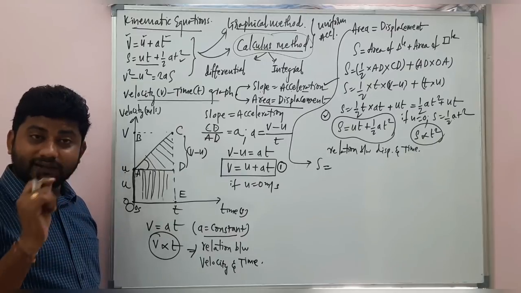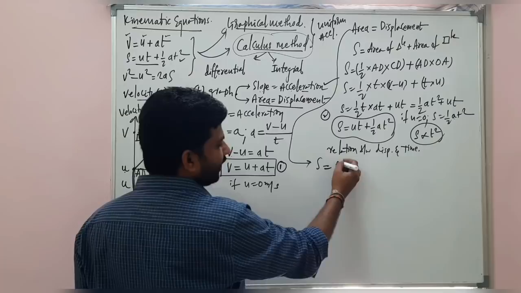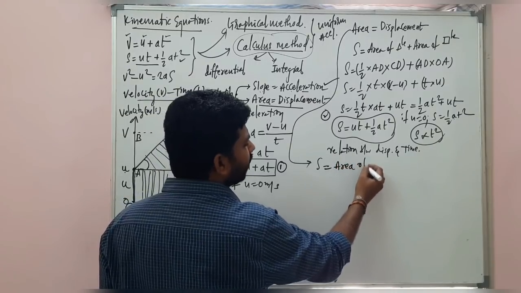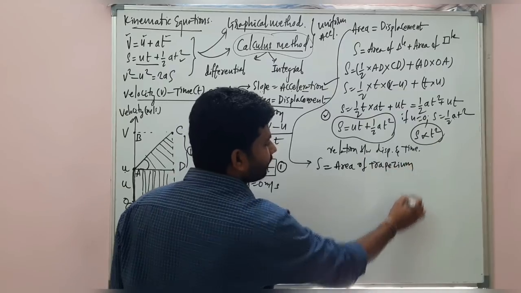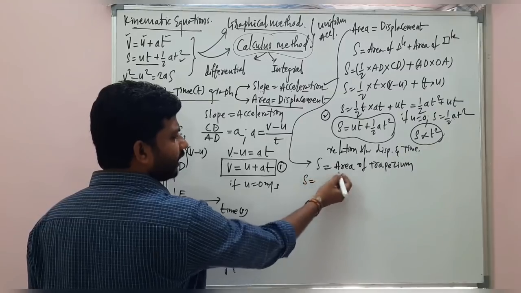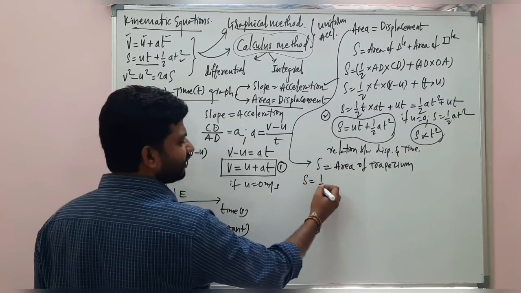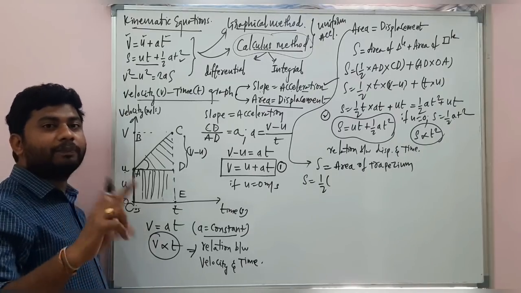Now what I am doing here is, I am just taking the complete area. So this displacement is equal to the area of a trapezium. The area of a trapezium is half into the sum of the parallel sides.